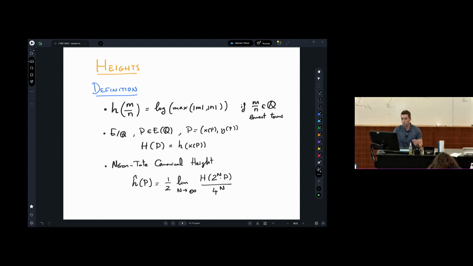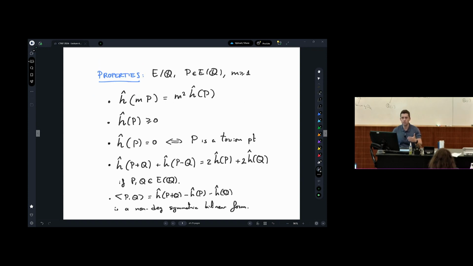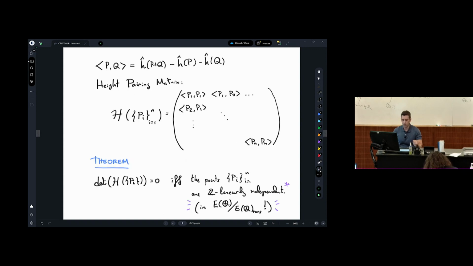So when we want to have a rough estimate, then I'll look at the naive height. And if I actually want to do computations that are going to give me something about independence, I'm going to need to use the canonical height, for which there are other formulas to compute it efficiently. And in Magma, in a split second, it will give you canonical heights of points.